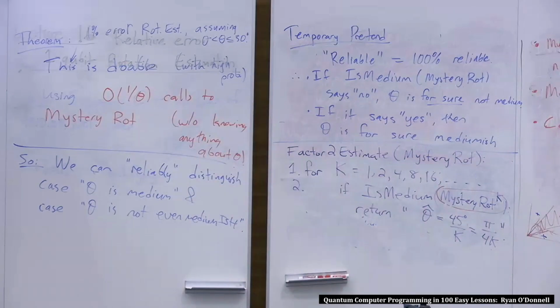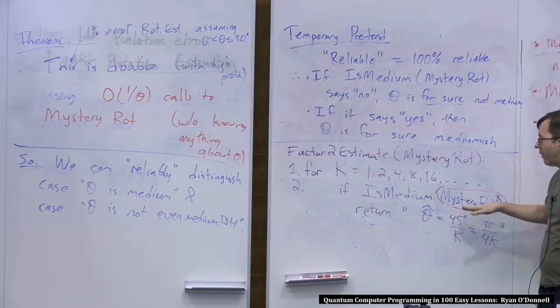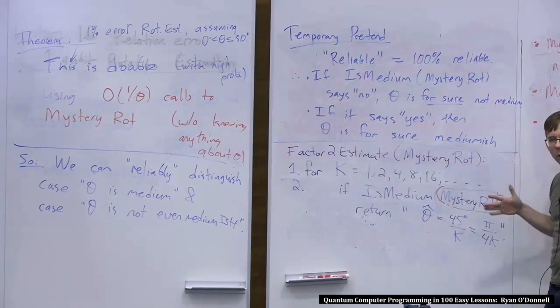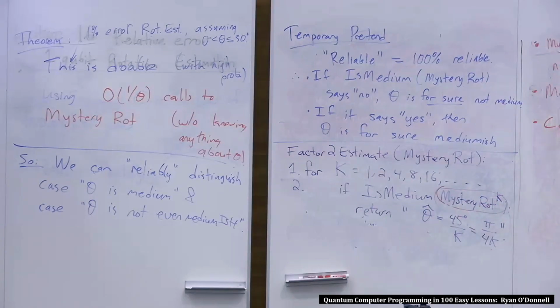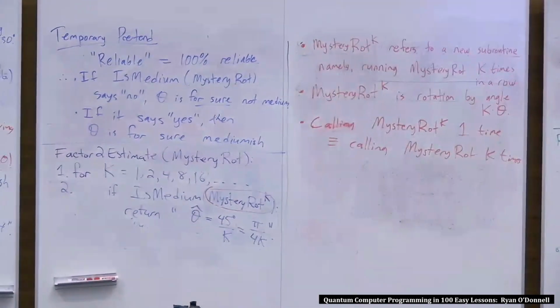In practical purposes, at some point you'll cut this off and call it a day. If you stop when k is 1,000,000 or whatever 2 to the 20 is, and you still haven't gotten this, at least you basically know that theta is smaller than about 30 degrees over 1,000,000. We'll make that observation also later.